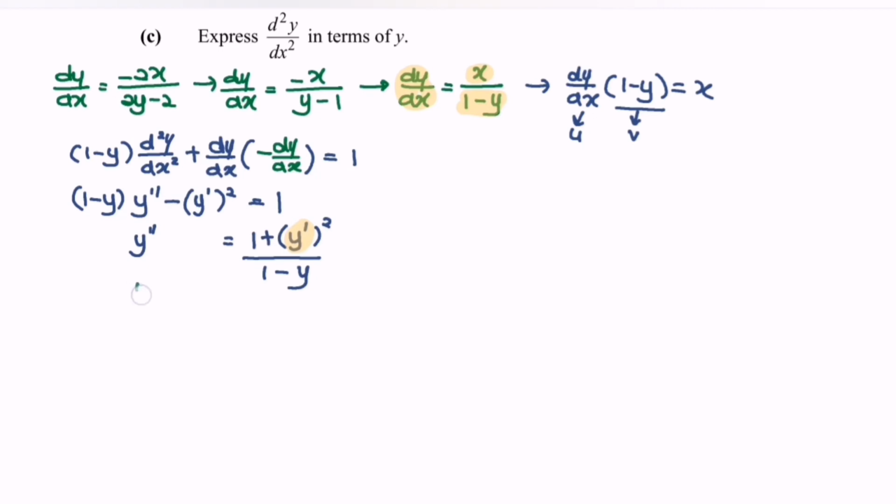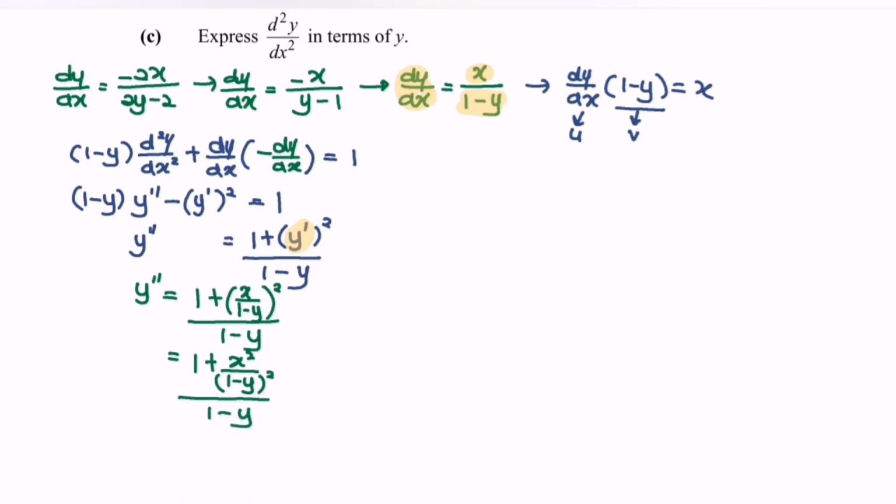So we will have y double prime equals 1 plus (x over 1 minus y) squared, over 1 minus y. Expanding, we have 1 plus x squared over (1 minus y) squared, over 1 minus y.